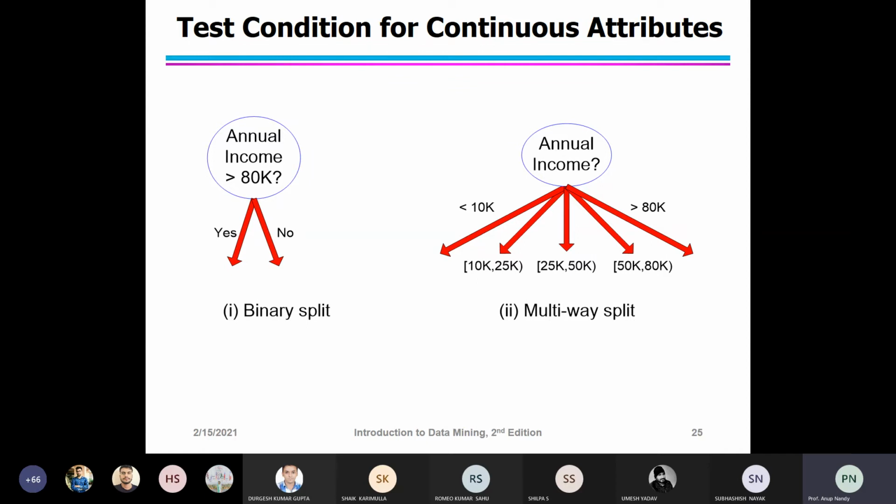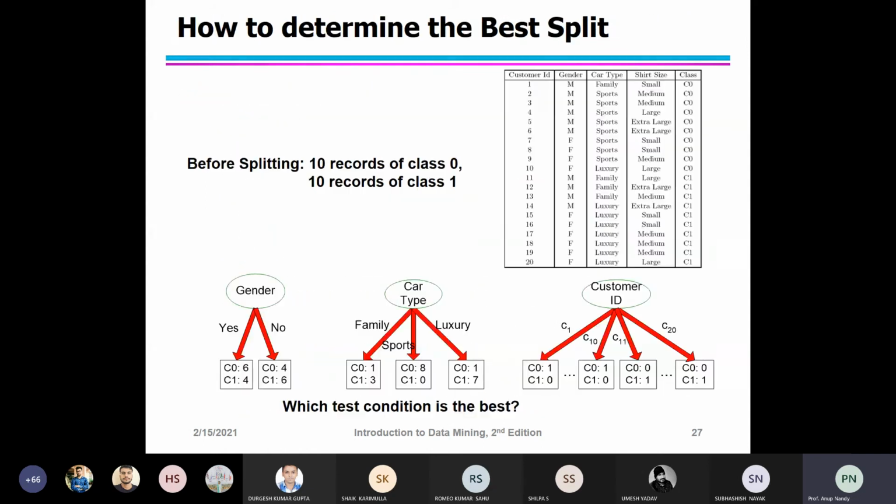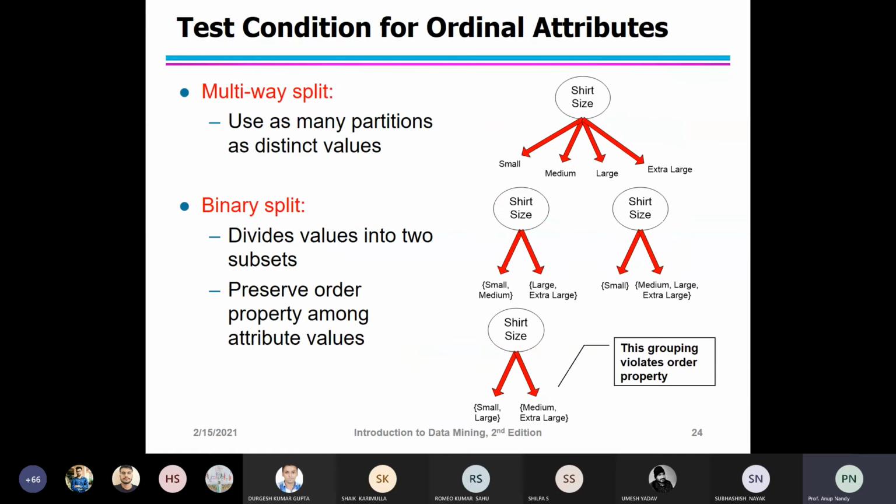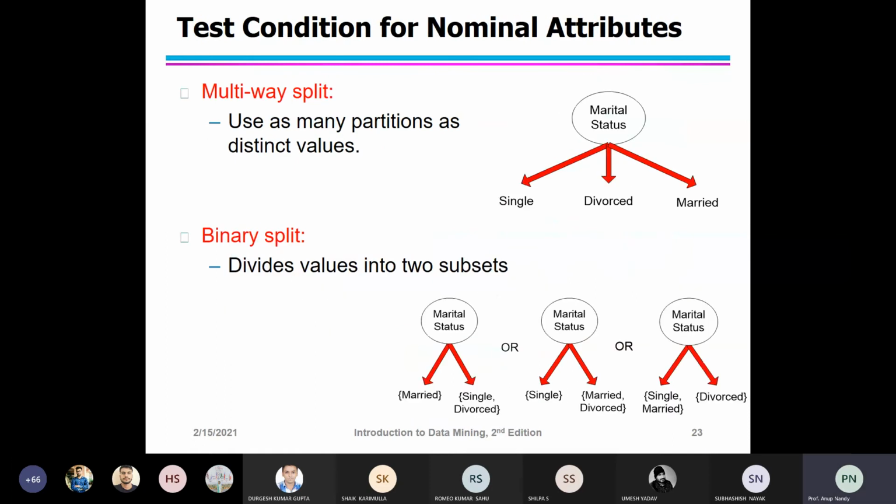Since nominal attributes have many values, you can have a multi-way split.